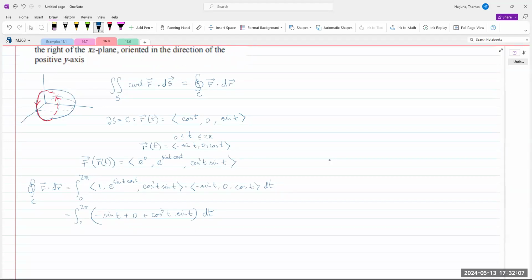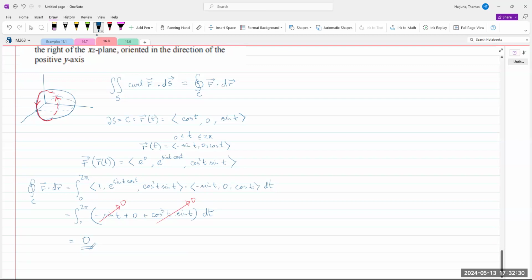When you integrate sine t over the interval 0 to 2 pi, this goes to 0, and you will see this also goes to 0. Just integrate it properly, and you will see that you still end up with 0. Very nice number.